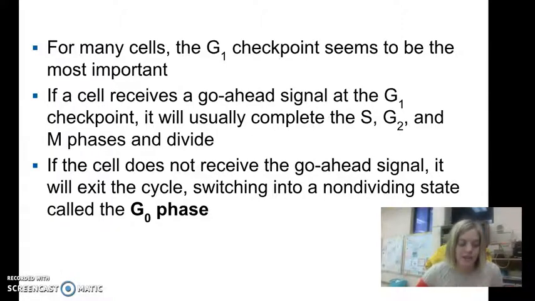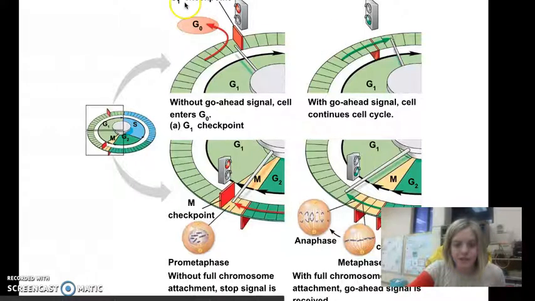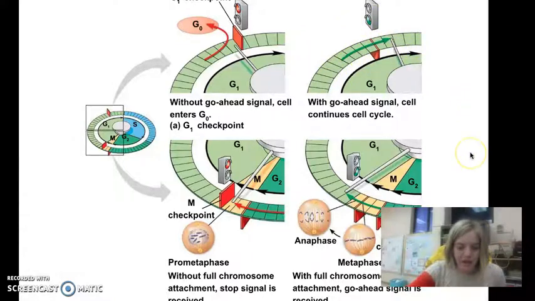So for example, cells that undergo mitosis can be called back from G0 and go through mitosis in order to divide. So this is a visual representation of what happens. If it's like a stop and go signal, at the G1 checkpoint, if it doesn't have the go-ahead signal, the cell is going to enter G0. But if it does get the go signal, it's going to continue through the cell cycle. And then in a similar way, we have the M checkpoint.